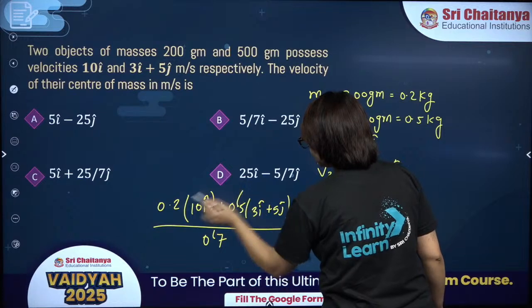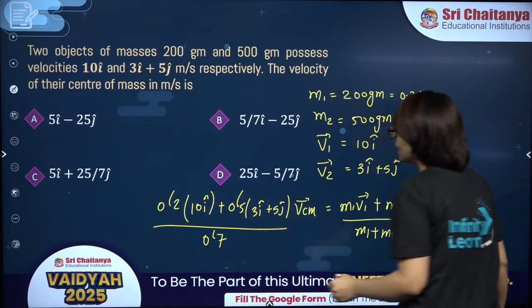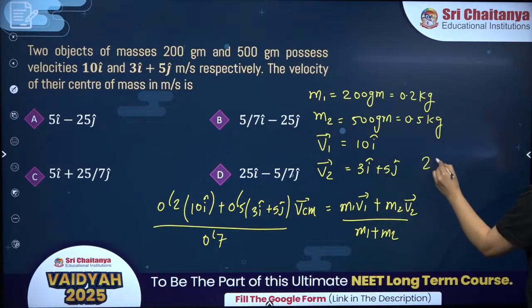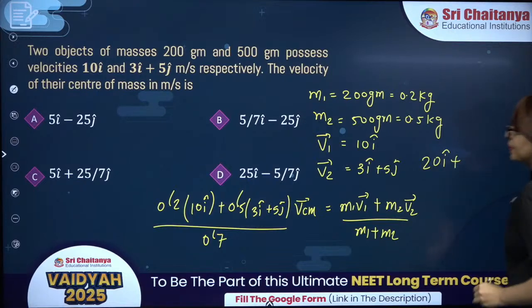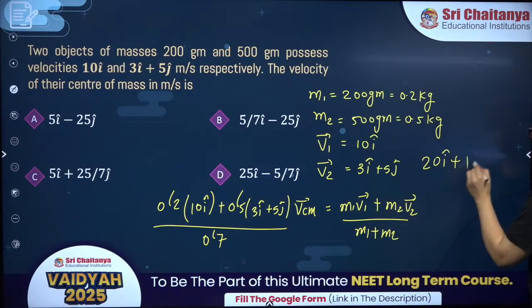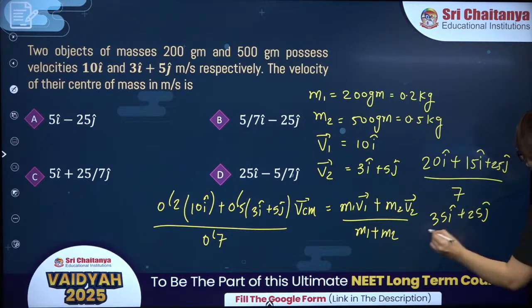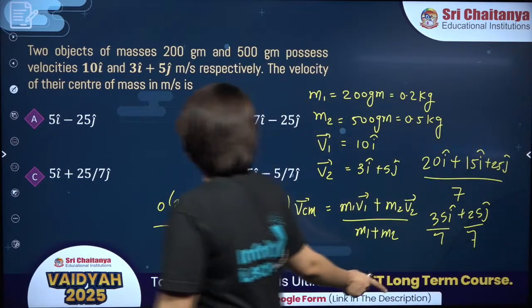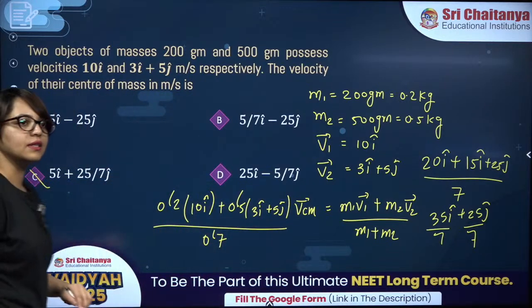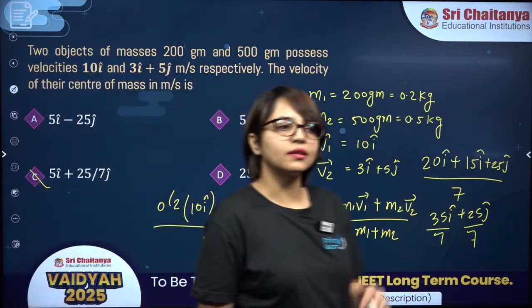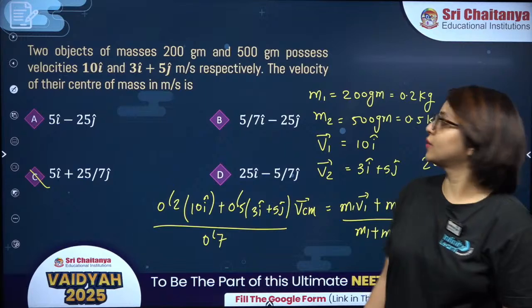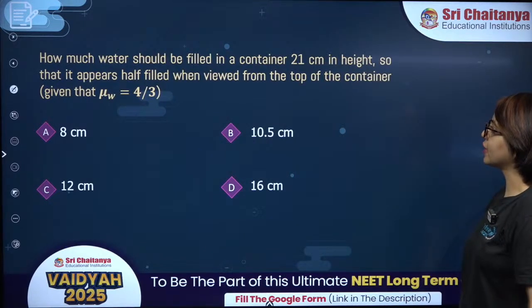So remove the point, we have 20i plus 15i plus 25j divided by 7. So it will be 5i plus 25 by 7j, which is option C. Option C is the correct answer. Let's move on to the next one.